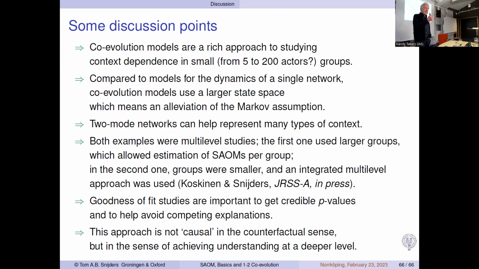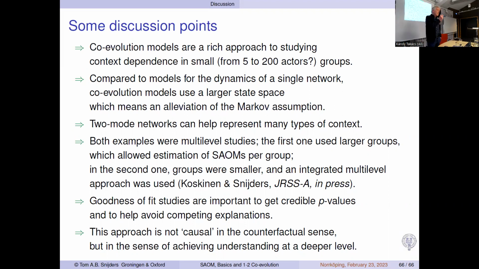However, a limitation is that the context is rather small groups. So you've got a delineated network, and if you've got a lot of groups, you could go down to group sizes of 5, or you could go up to 200, but that's the limit of where the model is plausible.